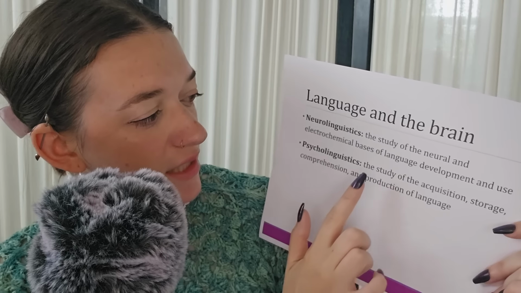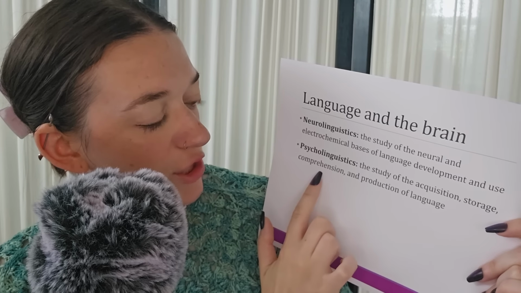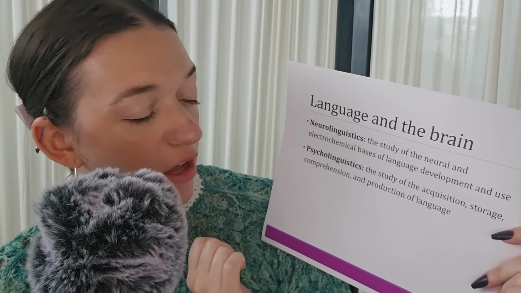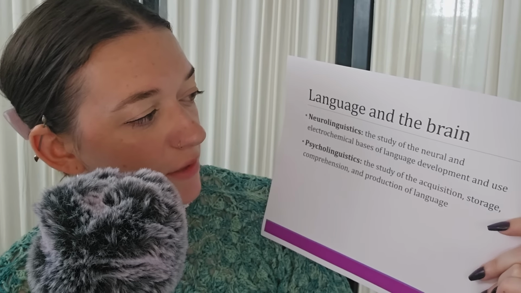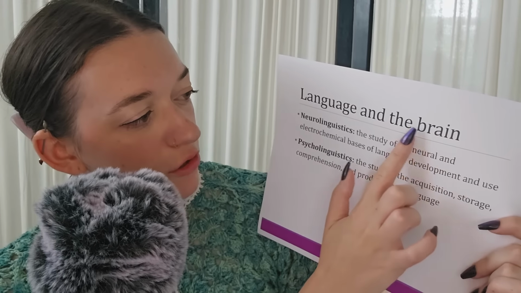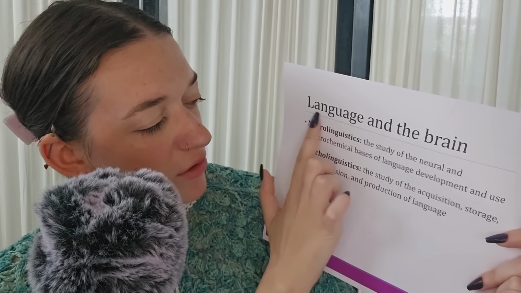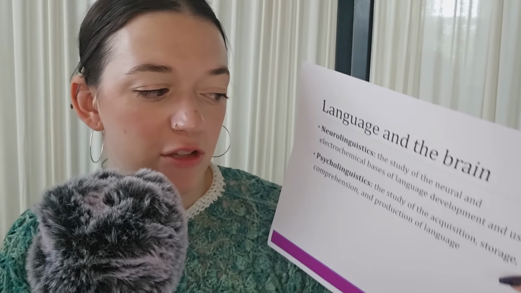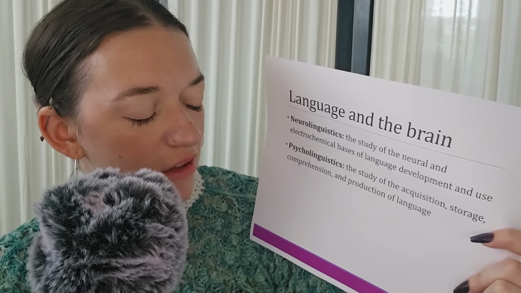Psycholinguistics is the study of the acquisition, storage, comprehension, and production of language. So it's not looking as much at things like those neural signals, the electrochemical signals, the actual brain chemistry that allows us to produce language. It is looking at the psychological effects of language.